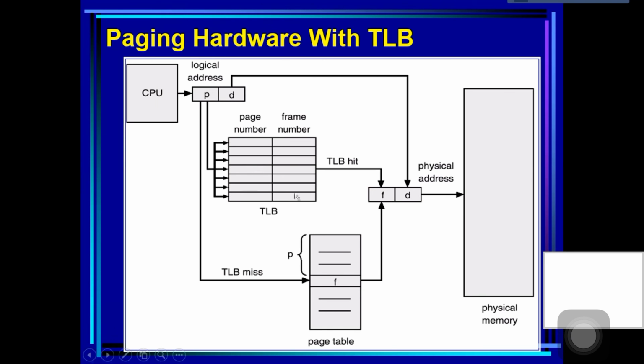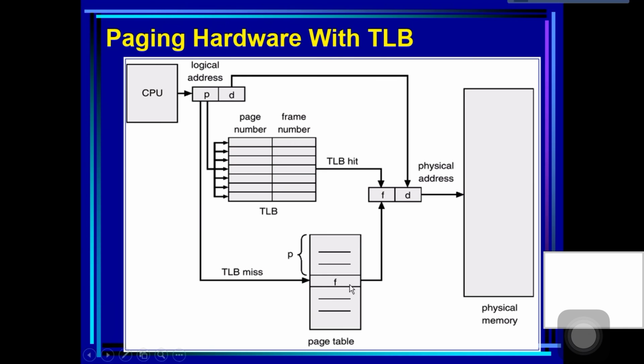doesn't find the page number, that means TLB miss, then the hardware has to use the logical address to access the page table in main memory, and find the corresponding physical frame number.